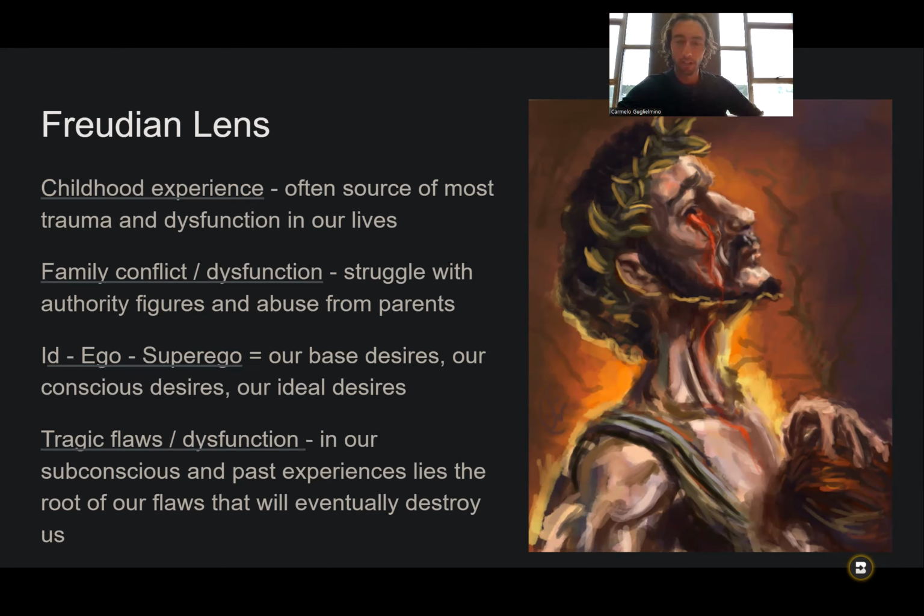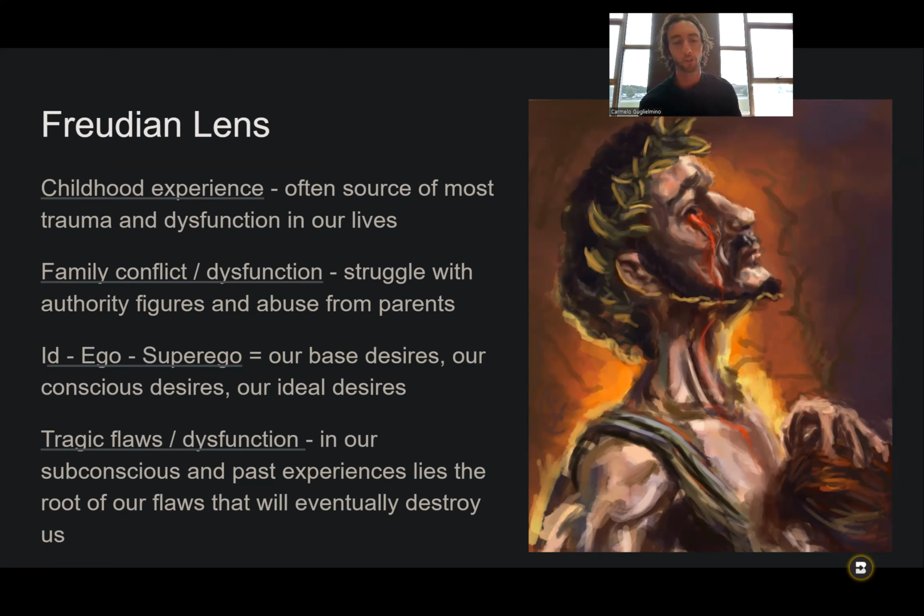The ego is the conscious mind that tries to say, no, wait, let's actually filter and make conscious, distinguished choices in what we're doing. The superego is the part of your mind, the part of your soul, that exists above that, telling you not just what you immediately want to do or what you consciously think you are going to do.